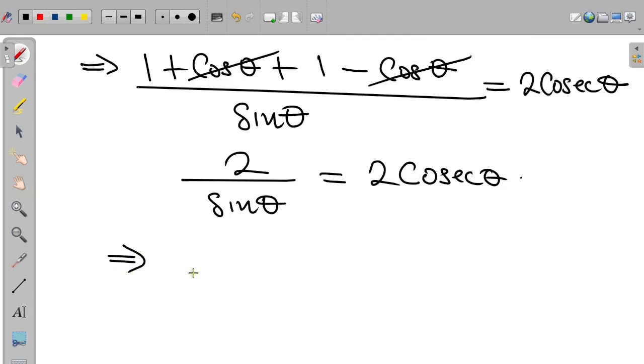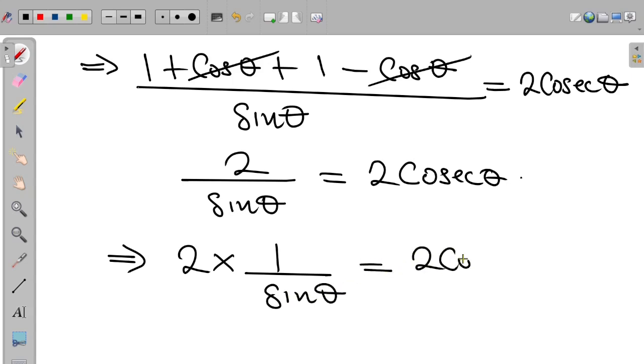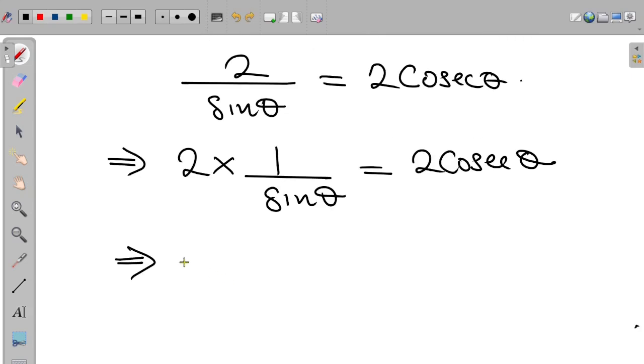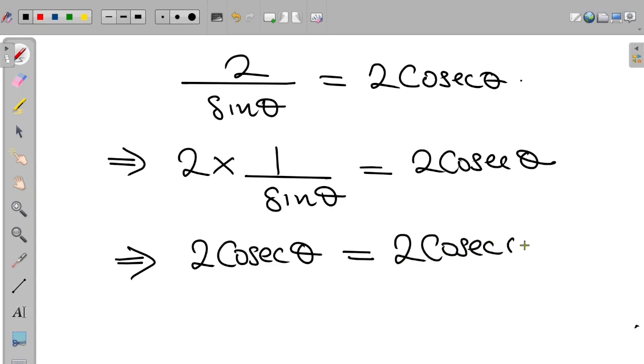Now, the left-hand side can be expressed as 2 times 1 divided by sine theta, which is equal to 2 cosec theta. And we know that the reciprocal of sine is cosec theta. So it has been shown that the left-hand side, which has reduced to 2 cosec theta, is equal to the right-hand side, which is 2 cosec theta.